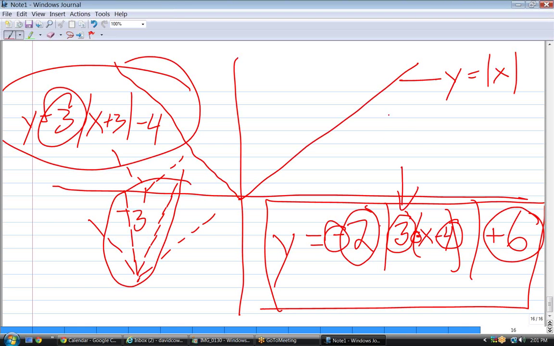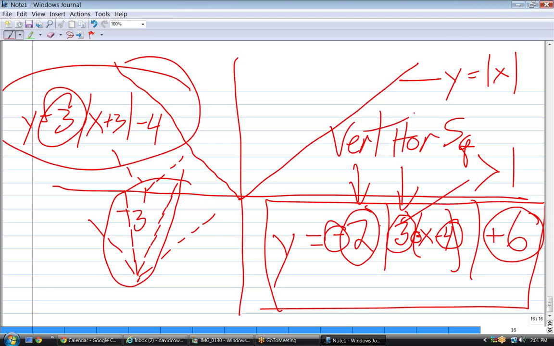When you're talking horizontal squeezes, it's when this number is greater than 1. It's a horizontal stretch if this number is between 0 and 1, the opposite of the vertical stretch factor. The vertical is a stretch if it's greater than 1, and it's a scrunch or squeeze if it's between 0 and 1.